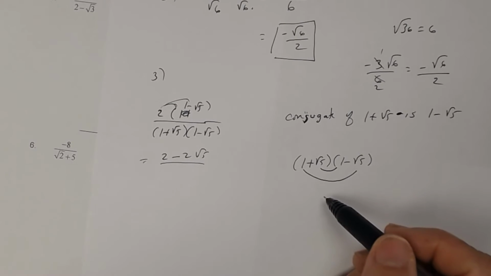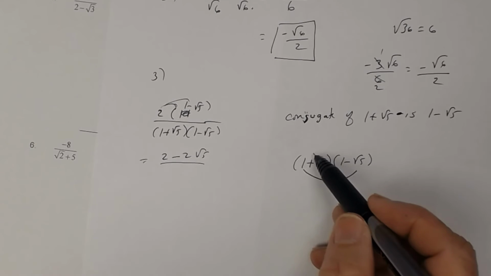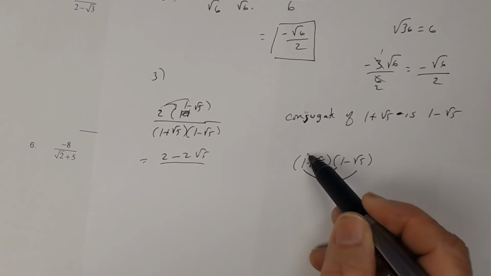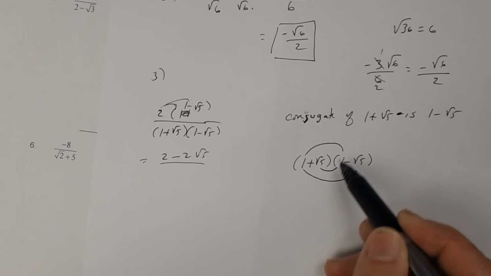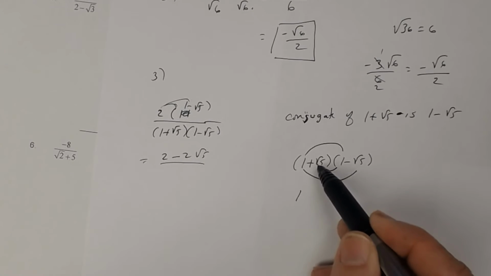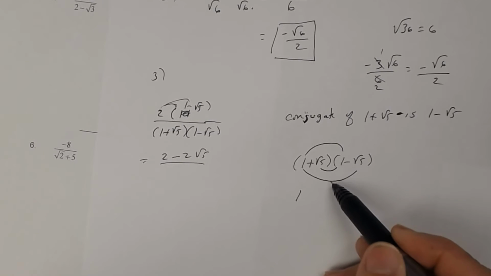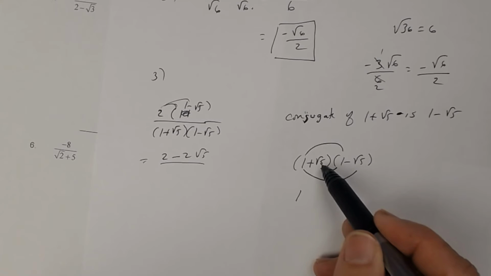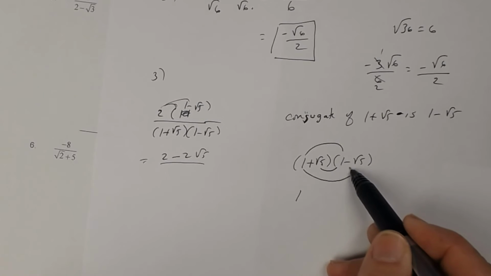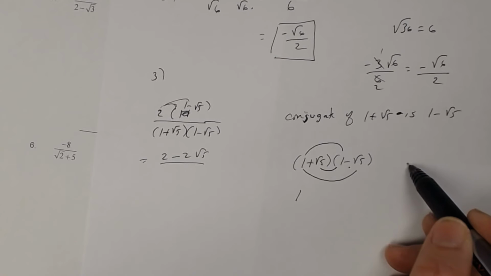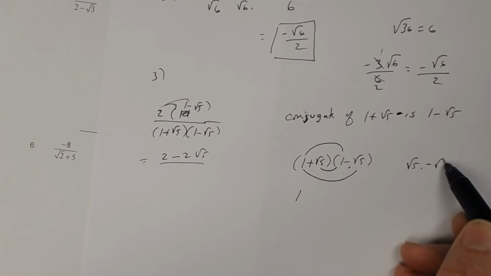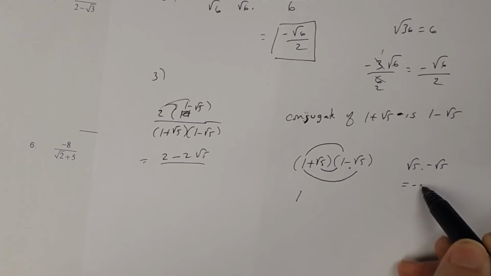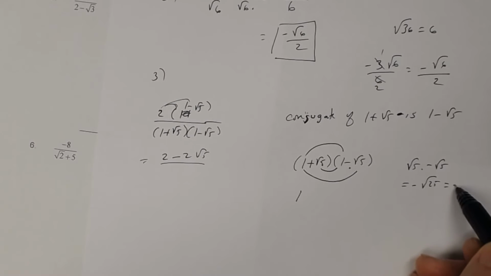That's always going to be the case. And so when you FOIL this, you're just looking at the first, 1 times 1 is 1, the outer and the inner add up to be 0, and you get a positive square root of 5 times a negative square root of 5. So that's a negative square root of 25, which is just negative 5.